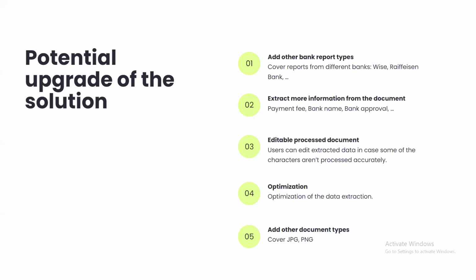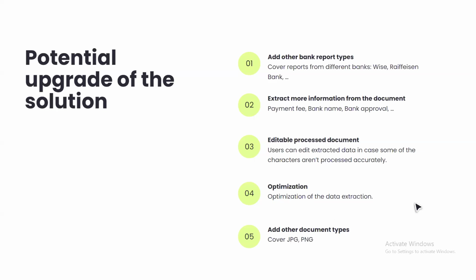Optimization I mentioned as the fourth potential upgrade of the solution, because the code could maybe be faster, upload of the image could be faster, processing of the image could be faster, so that's also a potential upgrade. And the fifth potential upgrade mentioned here is to add other document types.